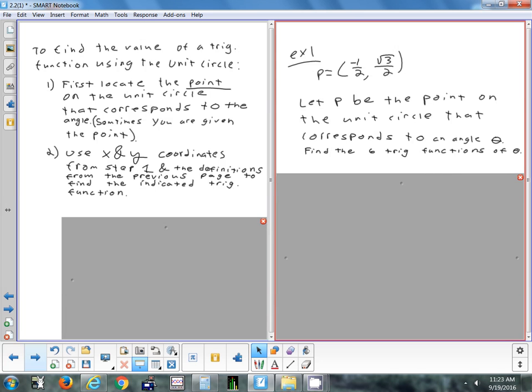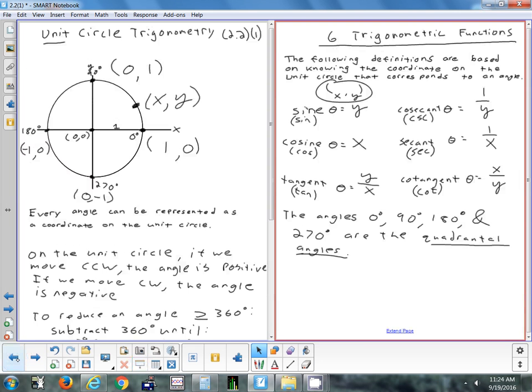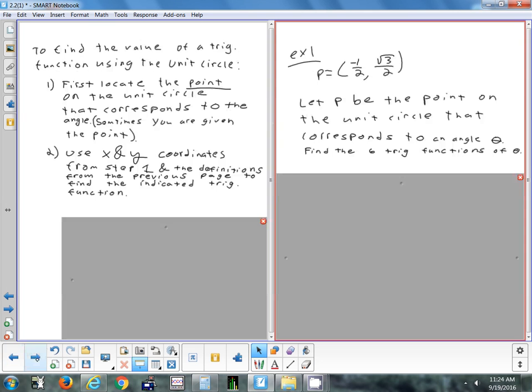Eric, what do you think? No. The coordinates for the quadrantal angles are all zeros and ones. What is this the coordinate for? We're never going to know. Tomorrow we will, but it's a coordinate for some angle somewhere on this circle. It's not the coordinate for 0, 90, 180, or 270, and you won't know what it is today.